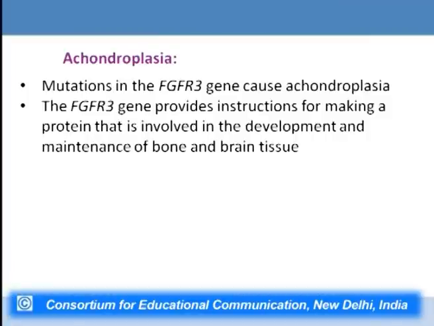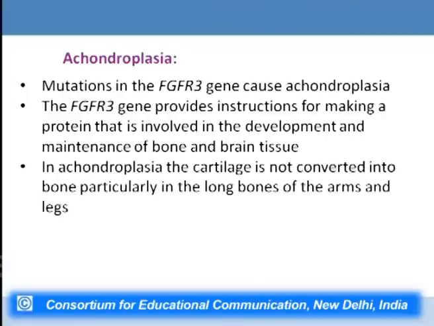This gene provides instruction for formation of a protein which is involved in development and maintenance of bones and brain tissue. Now, what happens if there is a mutation in this gene, the cartilage in this individual will not be converted into bone, and this happens particularly in the long bones of the arms and legs.